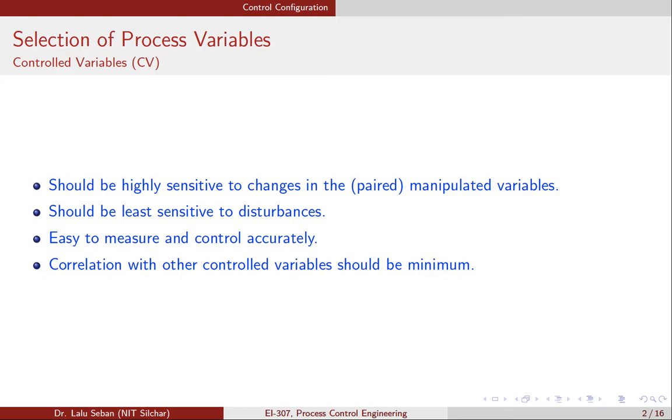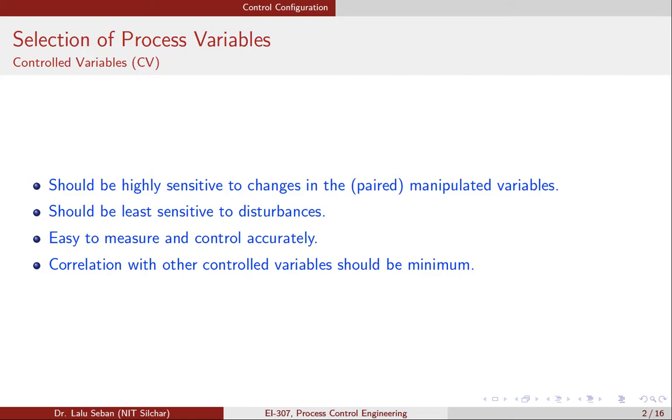Now, how are these control variables, manipulated variables and measurement variables selected? There should be some reason for their selection. First, let us see the selection of control variables. As I have told, the control variables need to be maintained at a certain set point. So how is it done?